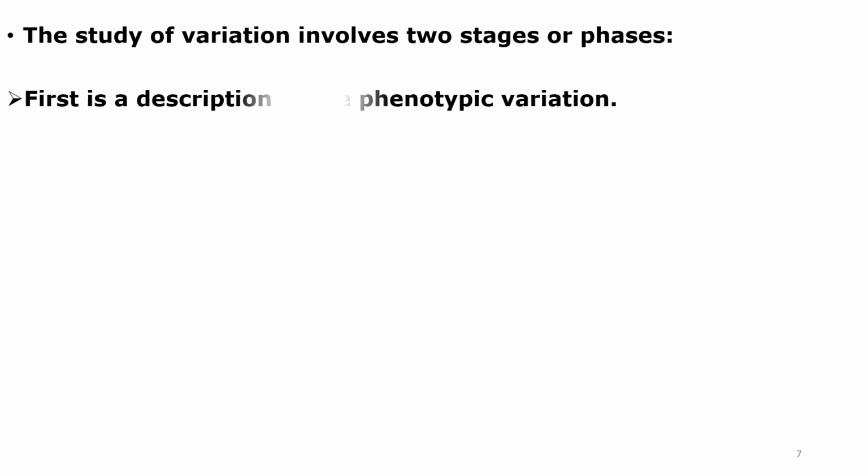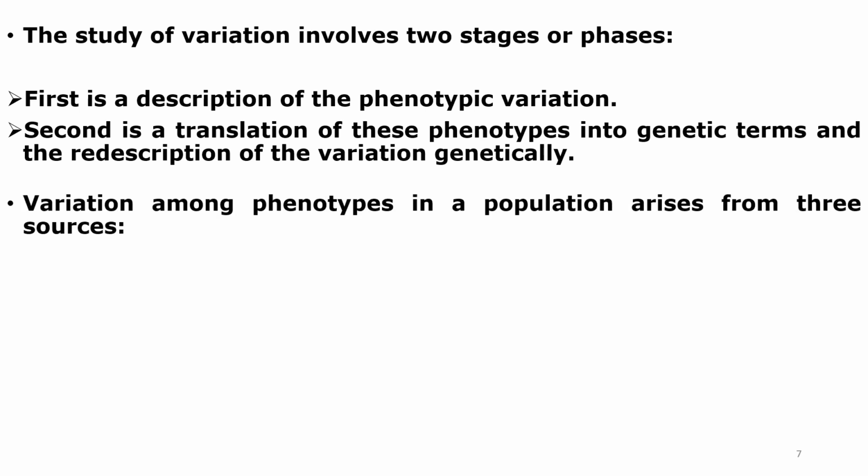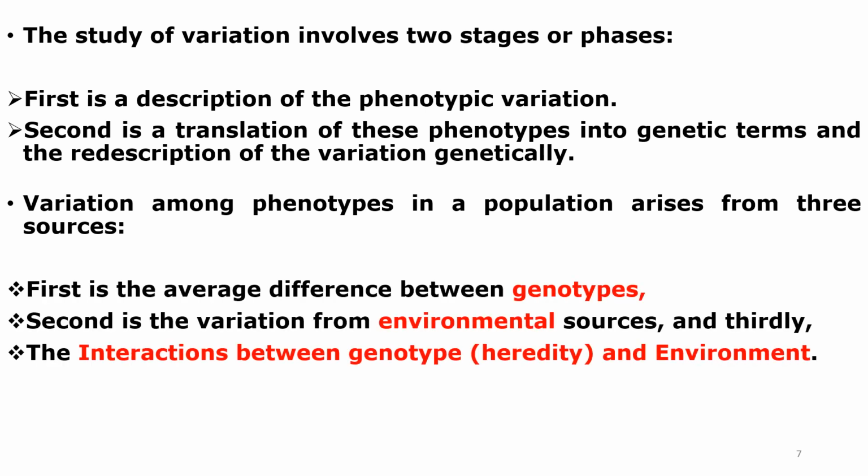So the study of variation involves two basic stages or phases. Firstly, is to describe the phenotypic variation, and secondly is to translate these phenotypes into genetic terms, and then redescribe the variation genetically. So variation among phenotypes in a population will arise from three different sources.